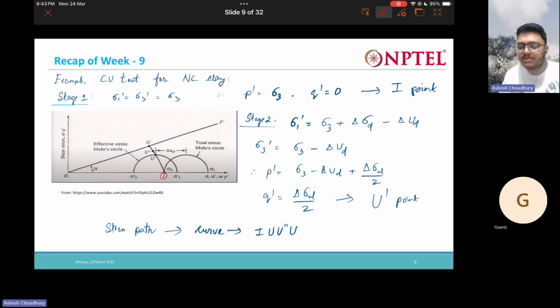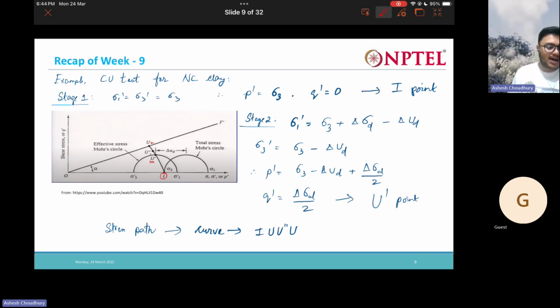Similarly, sigma 3 prime is sigma 3 minus delta u_t. From this I get some p' value and some q' value. If I plot this, you will get this point U prime. Similarly, if you increase the deviatoric stress, you will get U double prime, and finally at the failure point, you will get the point U.